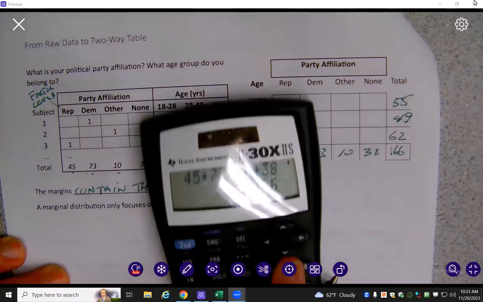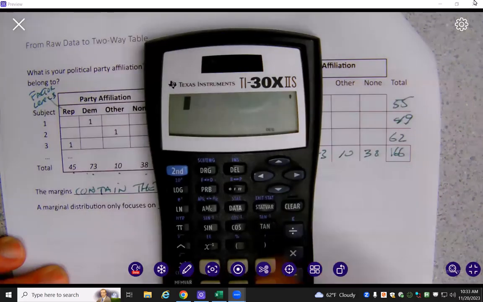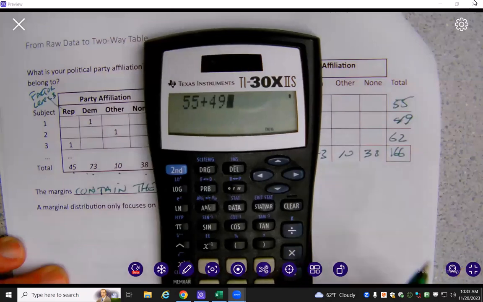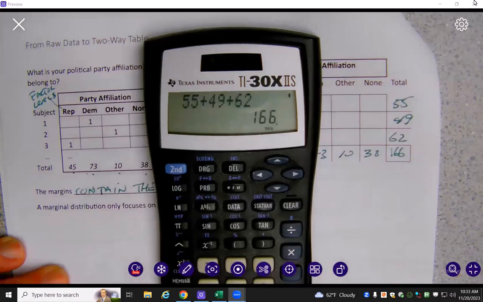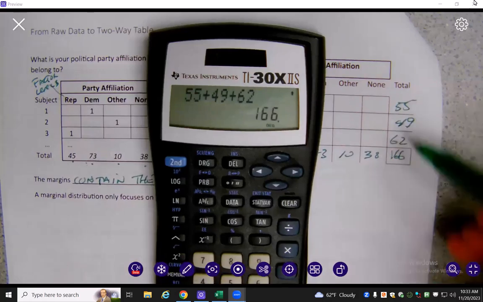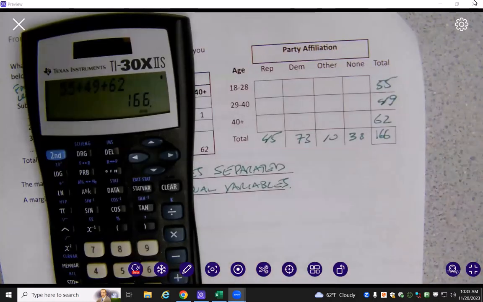Just for fun, to make sure, 55 plus 49 plus 62. There you go, 166. So there were 166 people filling out this questionnaire, and you can see that both sets of numbers add up to 166.